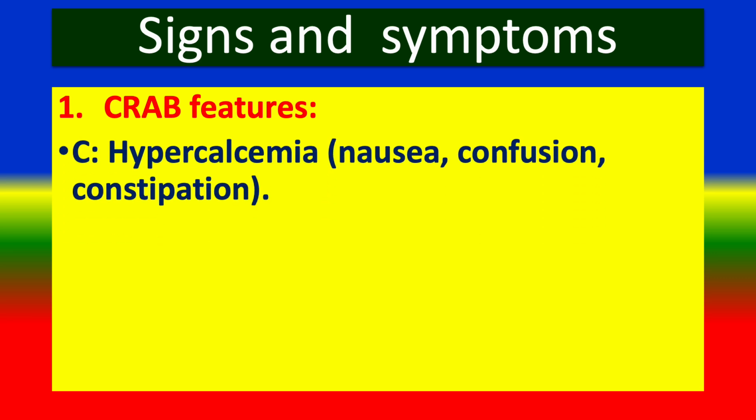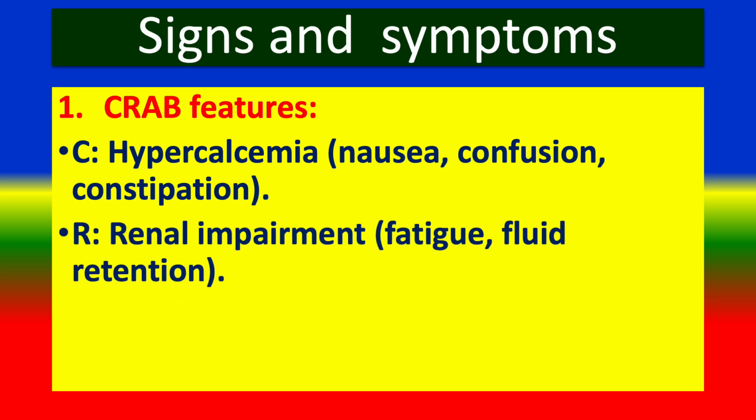Signs and symptoms. 1. CRAB features. C for hypercalcemia. Symptoms include nausea, confusion, constipation, or renal impairment, fatigue, fluid retention.